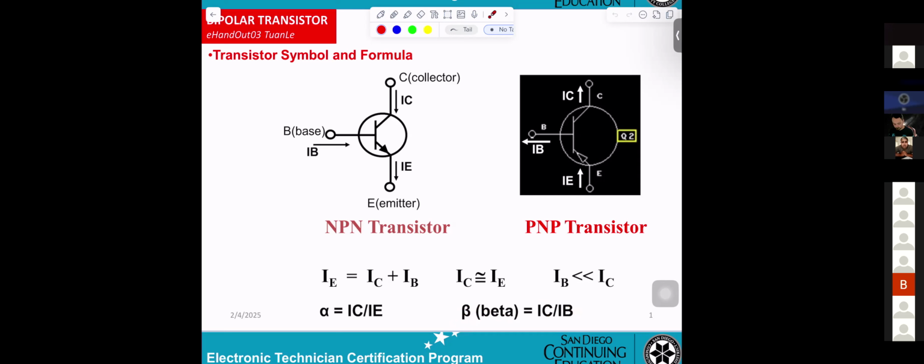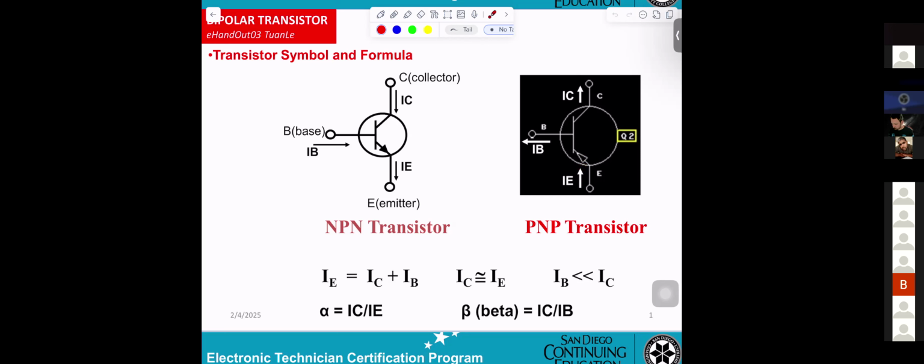Okay, so now when you're looking into PNP, then the current IB leaving, IC will be leaving, IE will be coming in.